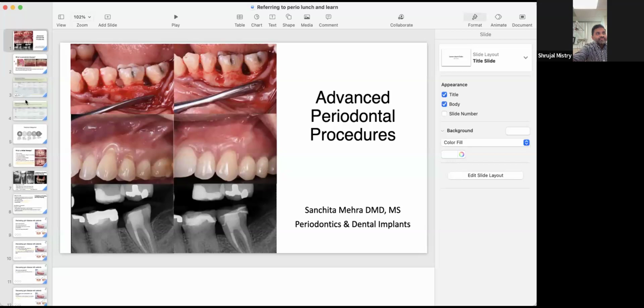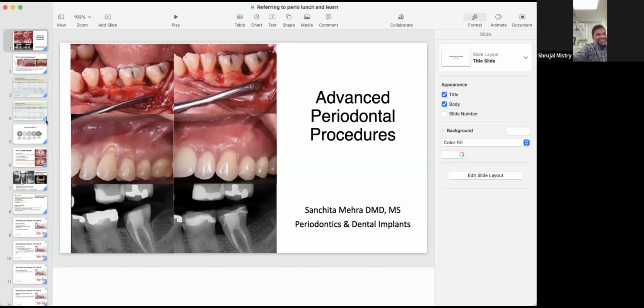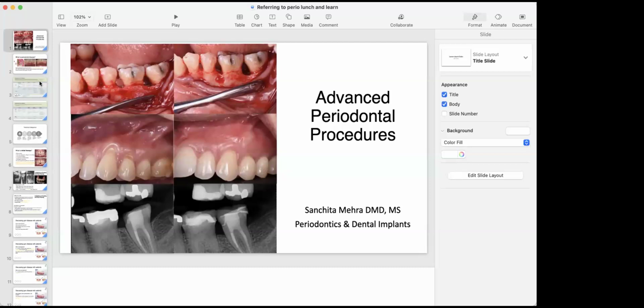Okay, good. I'm going to skip a few slides to be able to do this on time. You guys let me know. I'm going to show a little bit of literature, not too much, and just when to refer for a few different types of cases.